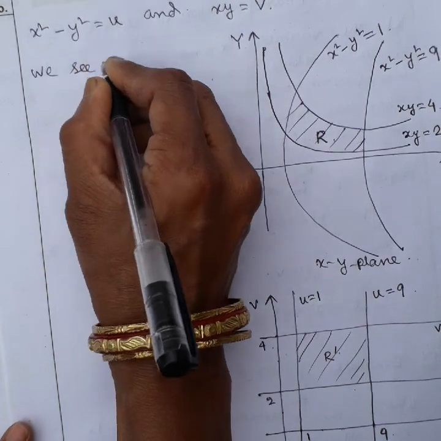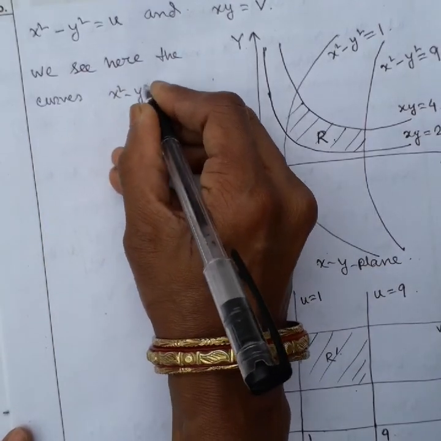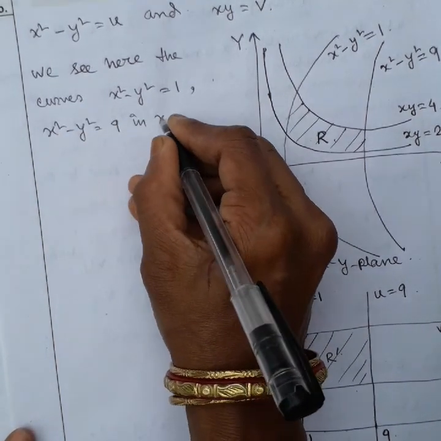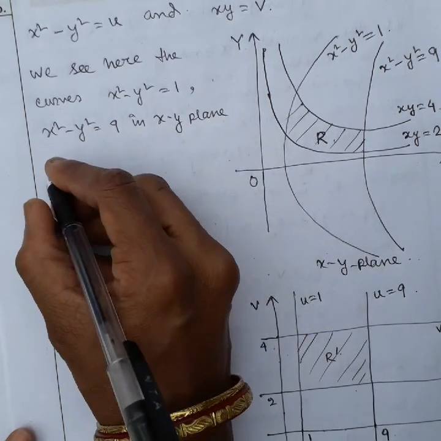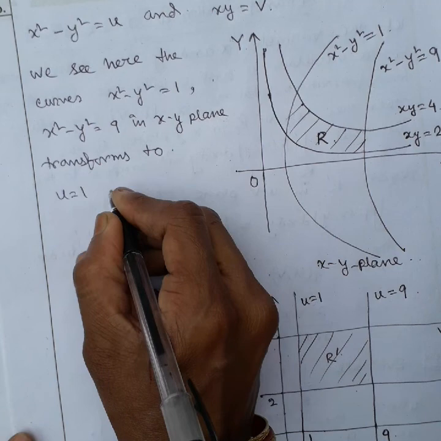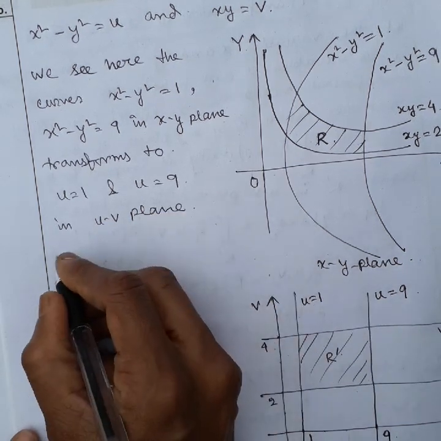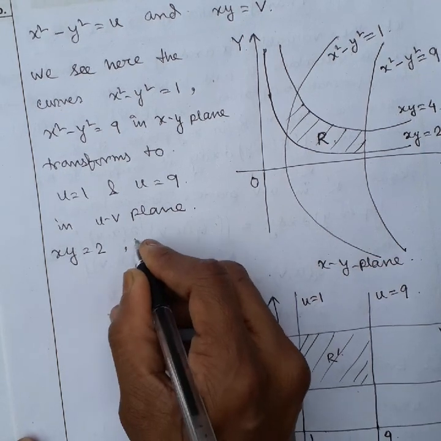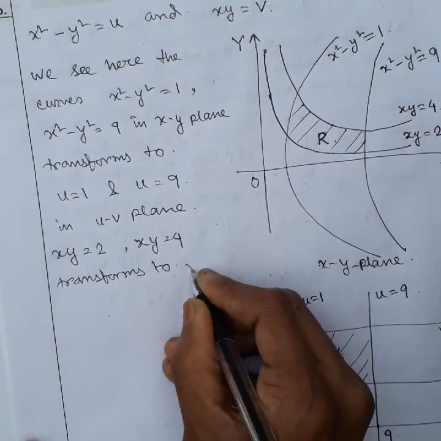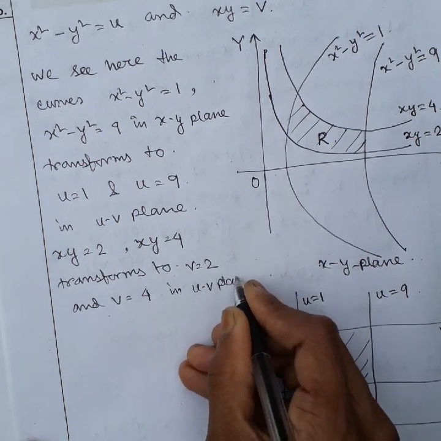We see here the curves x square minus y square equals 1 and x square minus y square equals 9 in the xy plane transform to u equals 1 and u equals 9 in the uv plane, and xy equals 2, xy equals 4 transform to v equals 2 and v equals 4 in the uv plane.